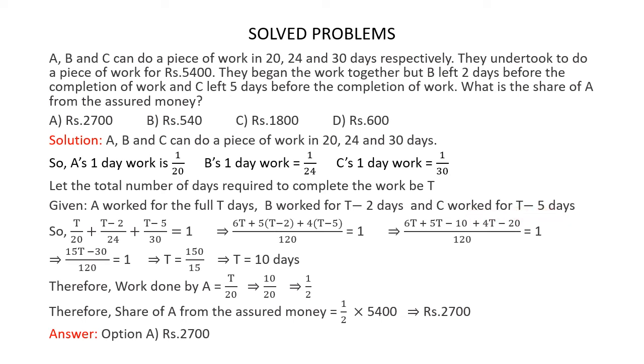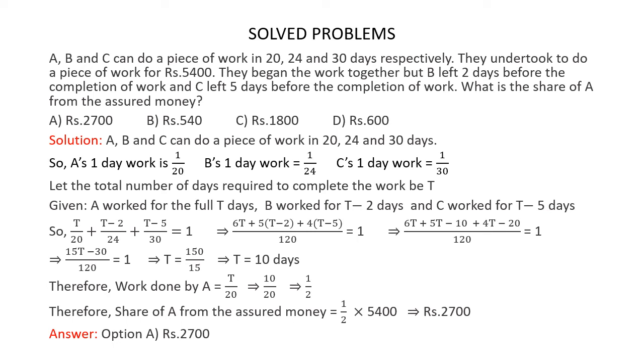Now, if A's 1-day work is 1 by 20, then A's T-day work will be T multiplied by 1 by 20, which is T by 20. B's 1-day work is 1 by 24, so B's T minus 2 days work will be (T minus 2) divided by 24. C's 1-day work is 1 by 30, so C's T minus 5-day work will be (T minus 5) divided by 30.